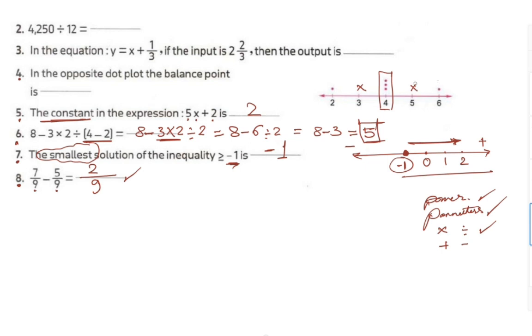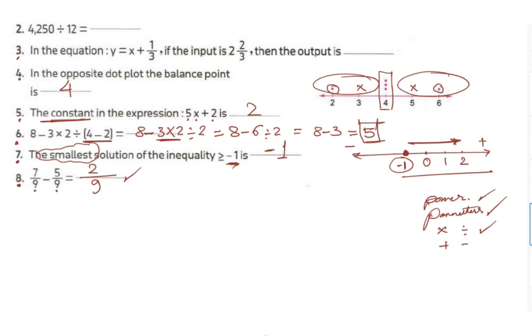To the right of this empty space you have just 1 dot, and to the left of this empty space you have 1 dot. So 4 is the balance point, because this side is mirrored at this side: empty, empty, 1 and 1.